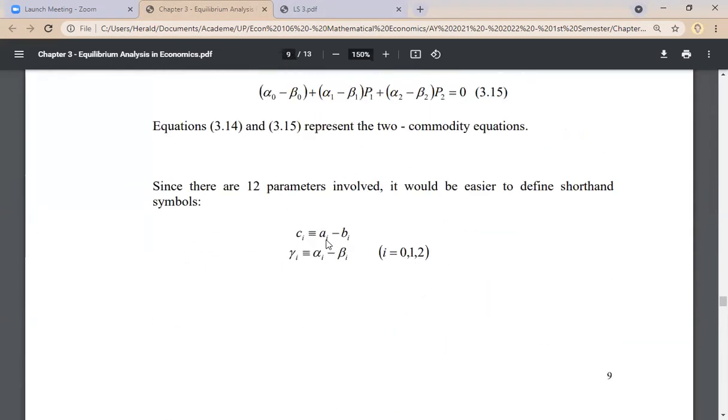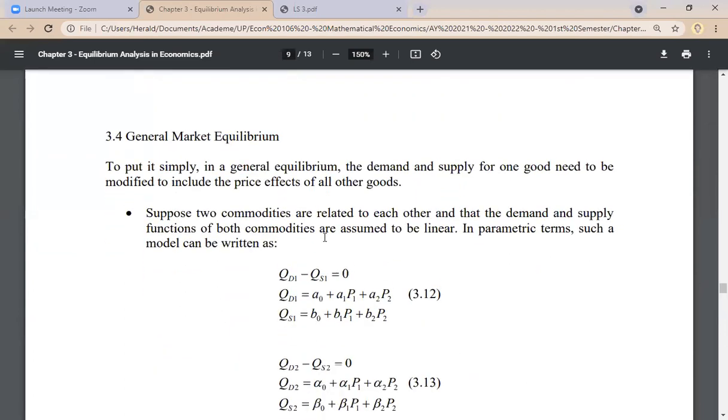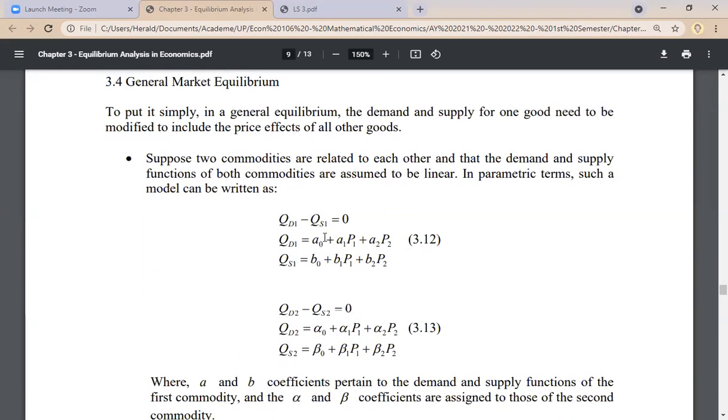So, starting off the discussion on general market equilibrium, in most cases, this tells us that the price of one good might affect the demand and supply of the other good.